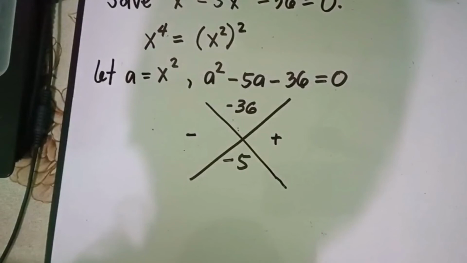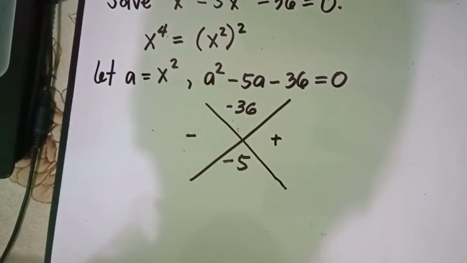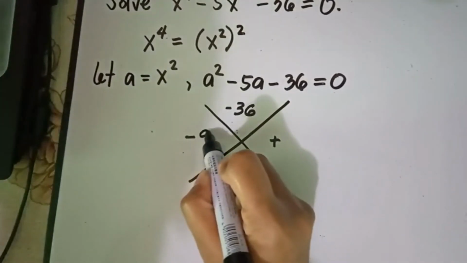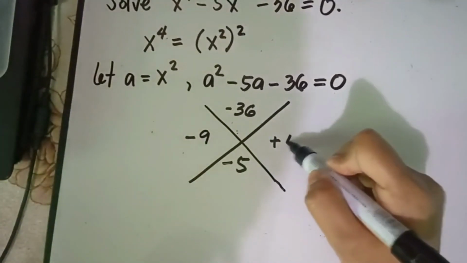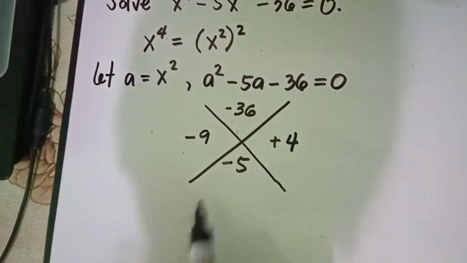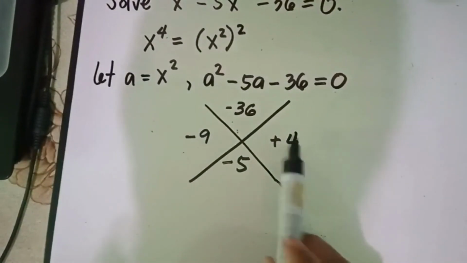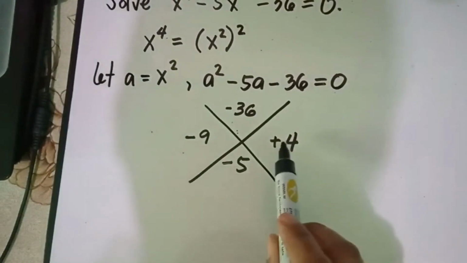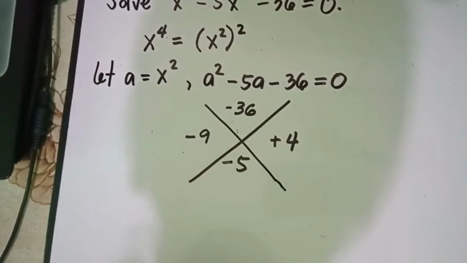Okay? So, what are those two factors? Yes, we have negative 9 and positive 4. So, kung i-check natin, negative 9 times positive 4, we have negative 36. Right? Okay. And negative 9 plus 4, we have negative 5.